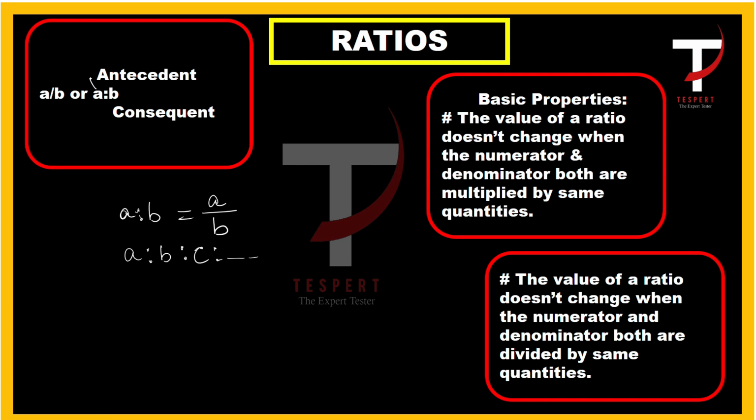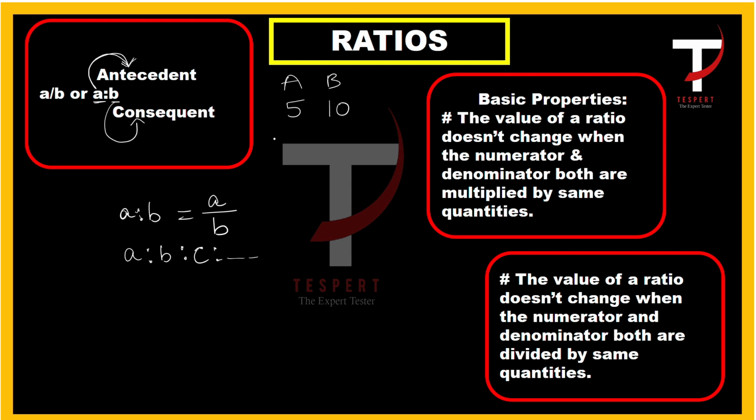In A is to B, the first value, which is A, is known as the antecedent, and the second value is known as the consequent. So let's say you have five chocolates and your friend has 10 chocolates.